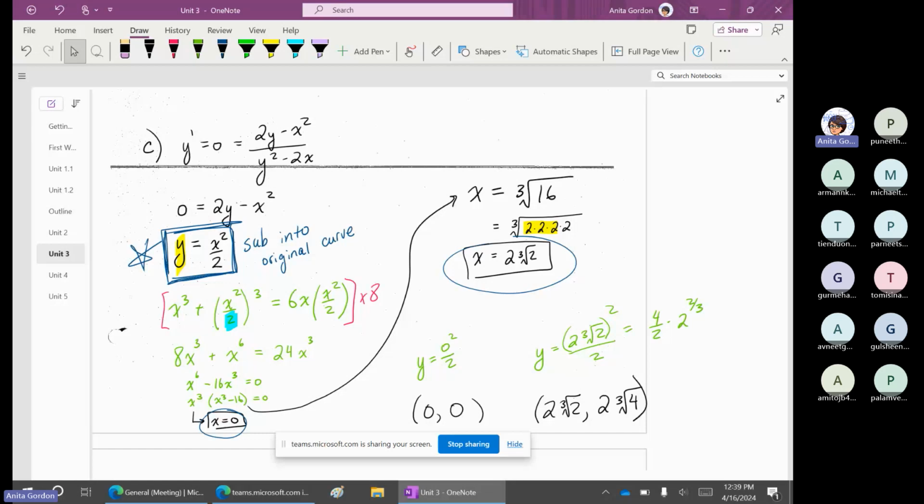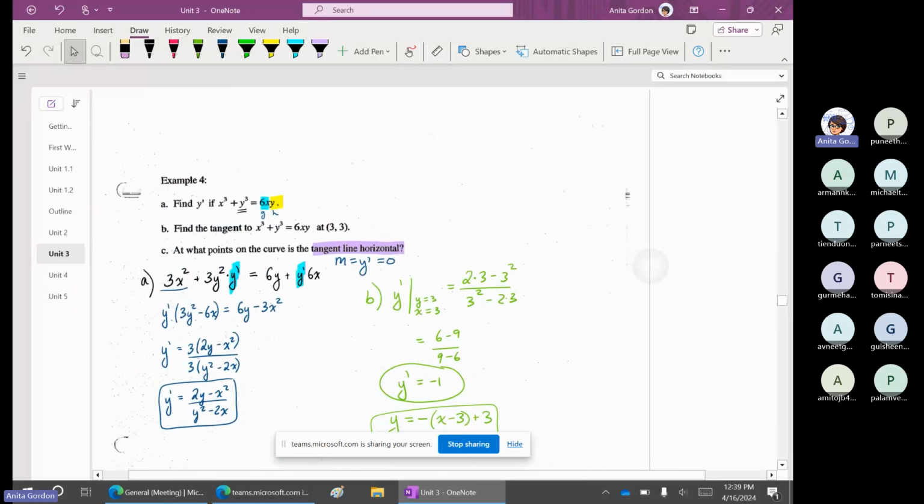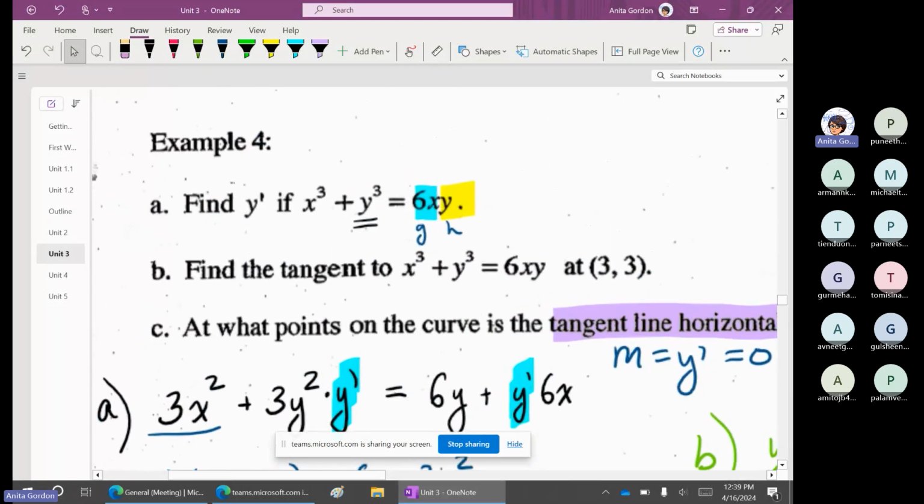I'm confused, but why are we tossing those points back into y equals x squared over 2 and 7, like the original? You could do it in the original equation, but this is faster. Because you would have to take a look at the original equation, collect like terms, rearrange for y.